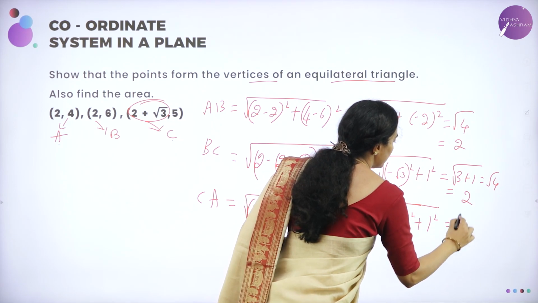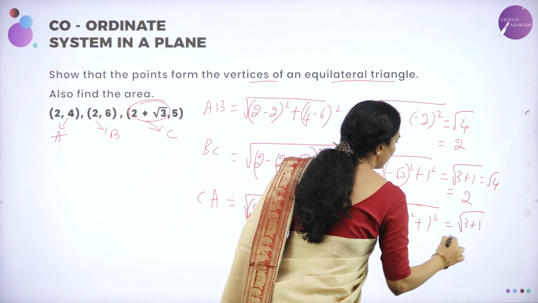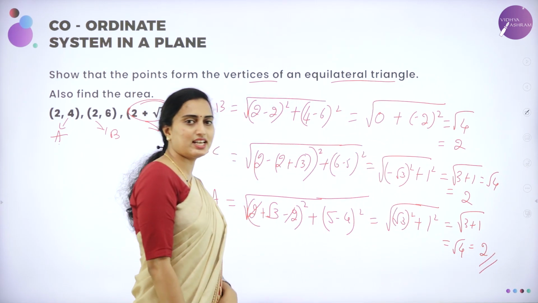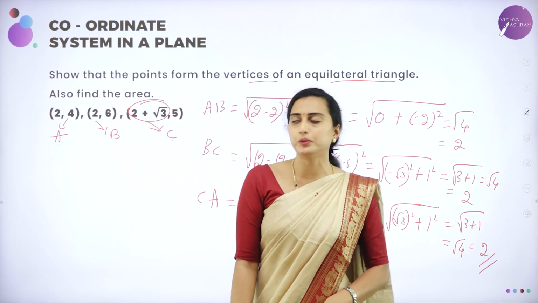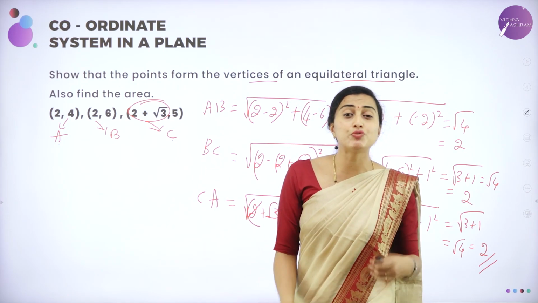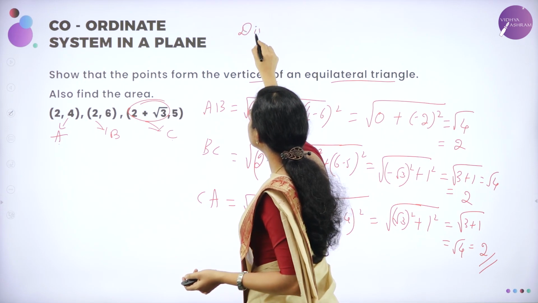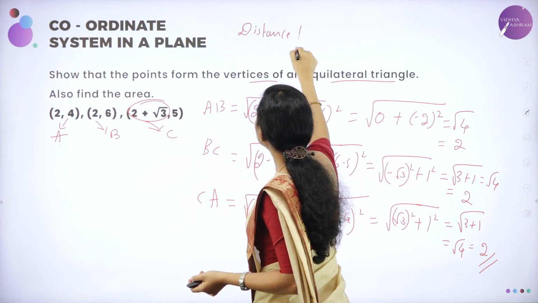So the answer will be square root of 3 plus 1, which is equal to square root of 4. Yes, all the sides are equal: AB equals BC equals CA. Which formula am I using here, dear students? Distance formula. Distance formula.